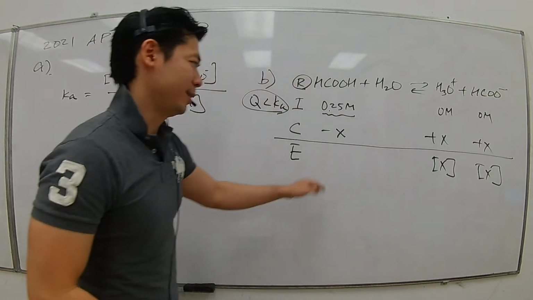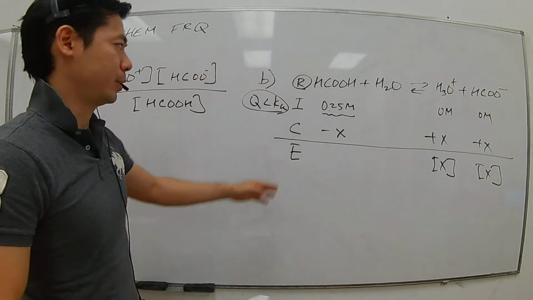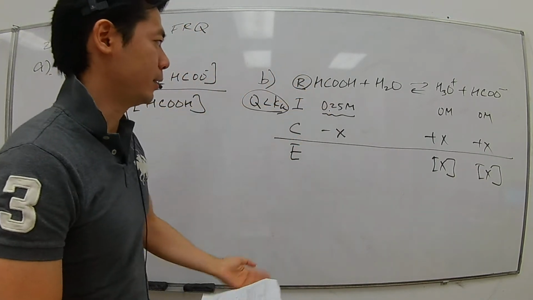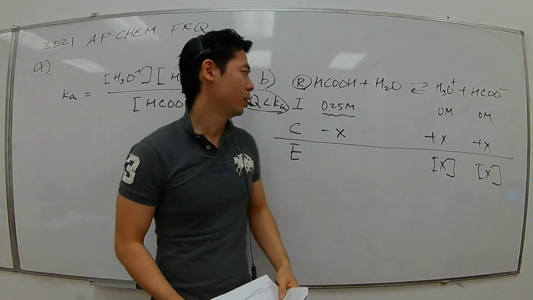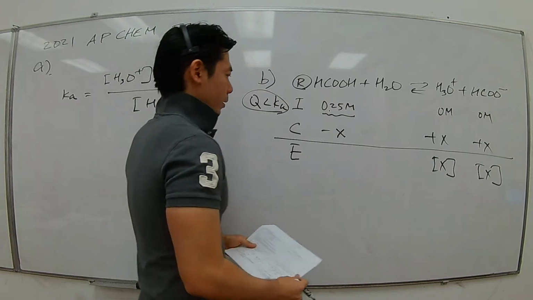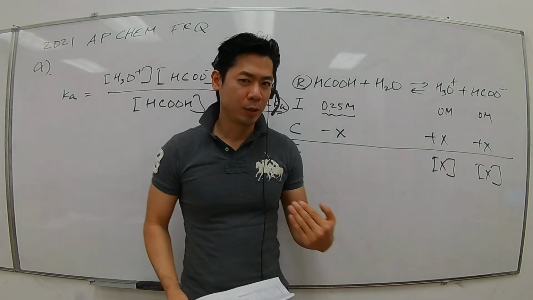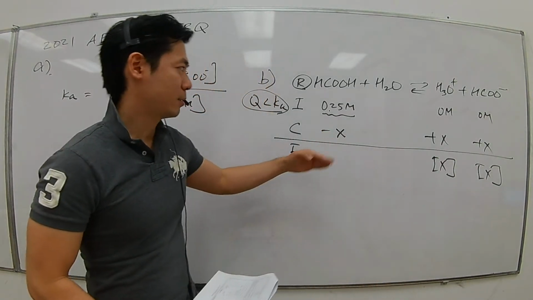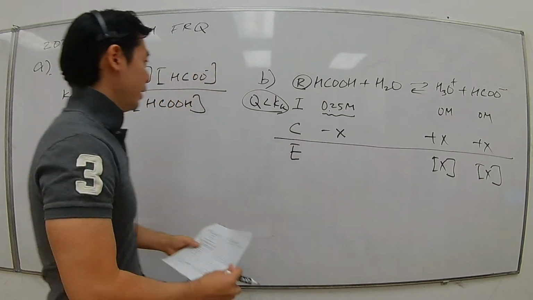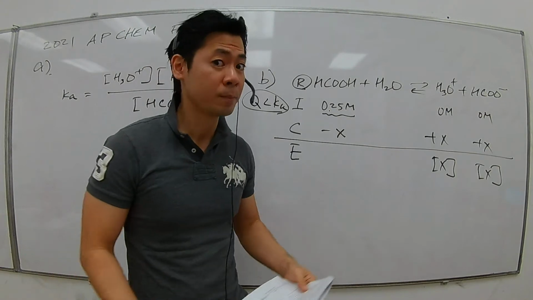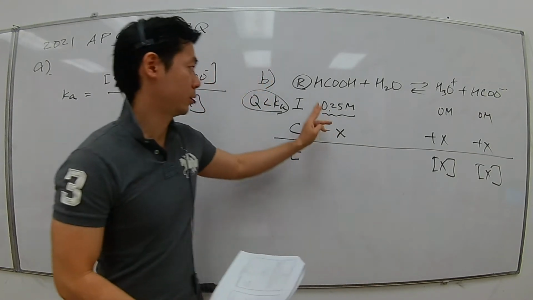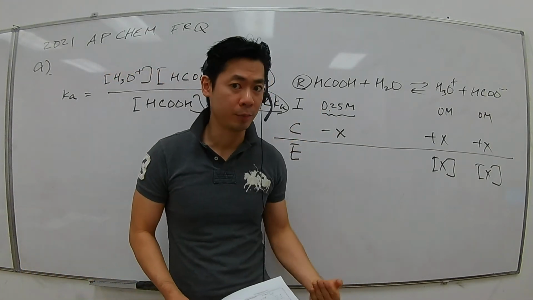The question really comes around to the concentration of the remaining acid, which hasn't been dissociated. As you all know in AP Chemistry, you can make an assumption that x is a really small value, because the K value is really small. The K value they provided is 10 to the power of -4, so it's a really small value, and the concentration is relatively large compared to the K value.